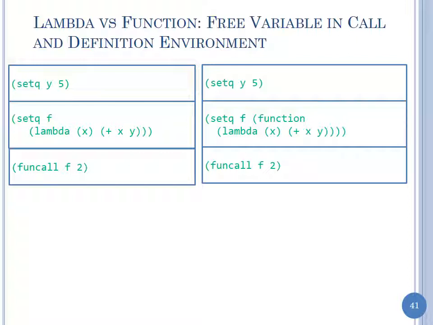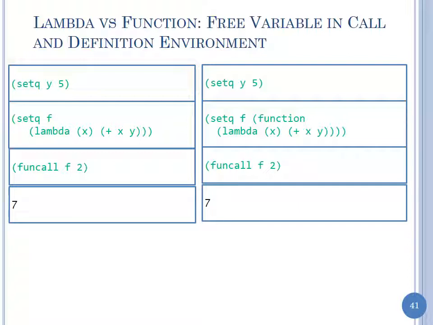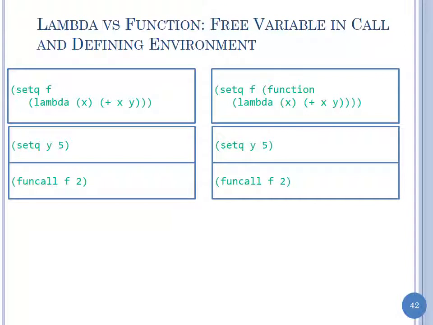So now my examples are: I setq f to a function, I do a funcall, and I can do a funcall on something that's a function or a lambda, and they should both work. And when the static environment and the dynamic environment are the same, they return the same thing. So we saw on the left-hand side that this will return.